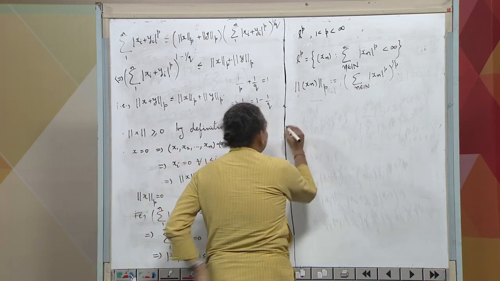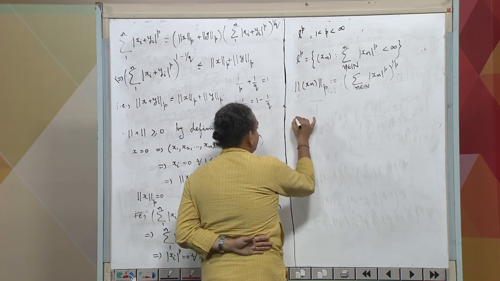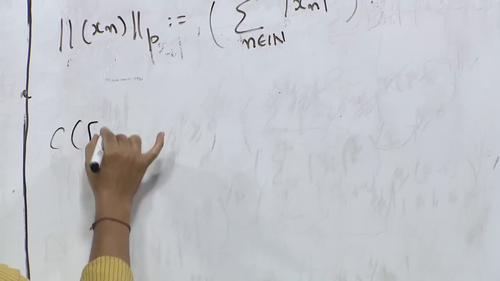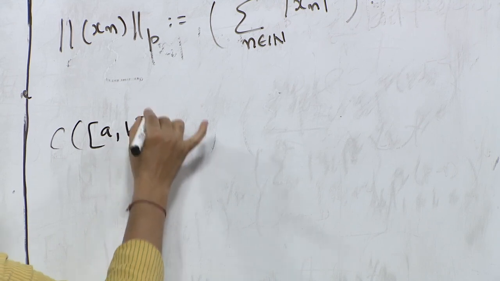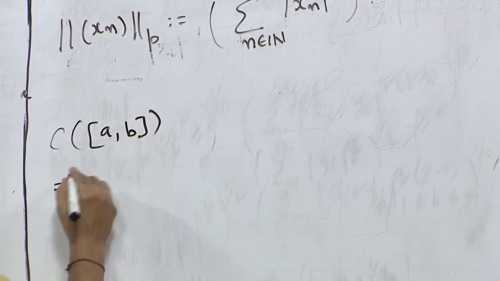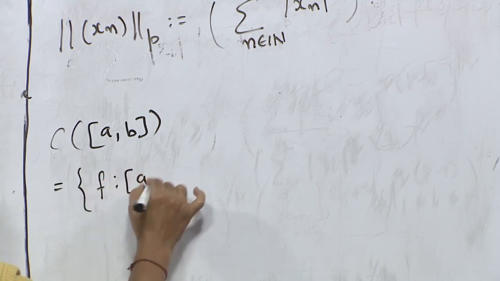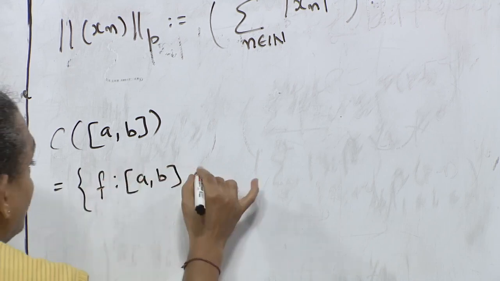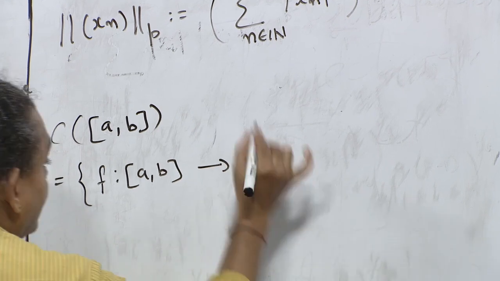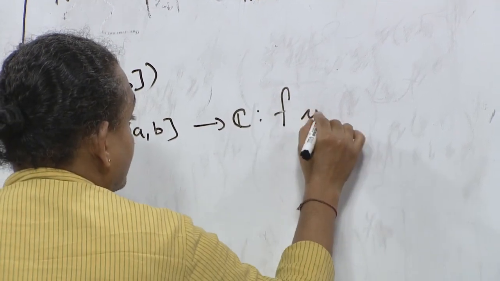Let me do some more examples before I wind up this lecture. Next is what is known as C[a,b]. This consists of all complex valued functions defined on the closed interval [a,b], such that f is continuous.